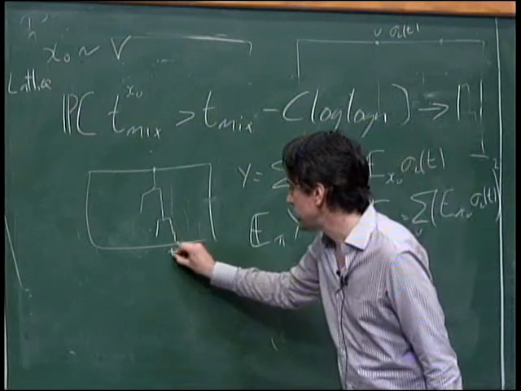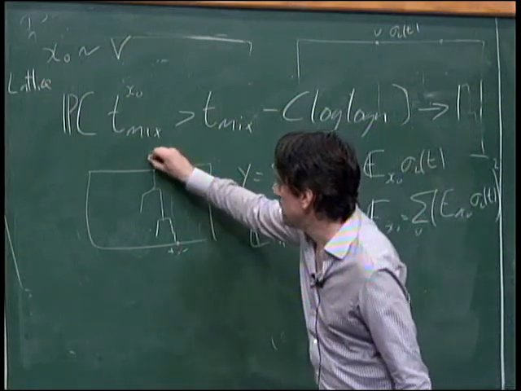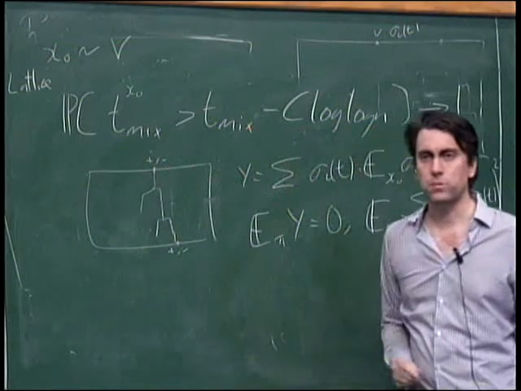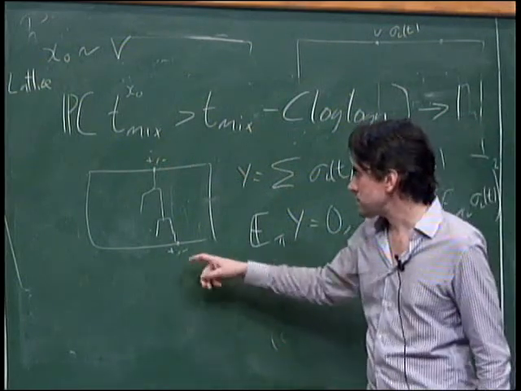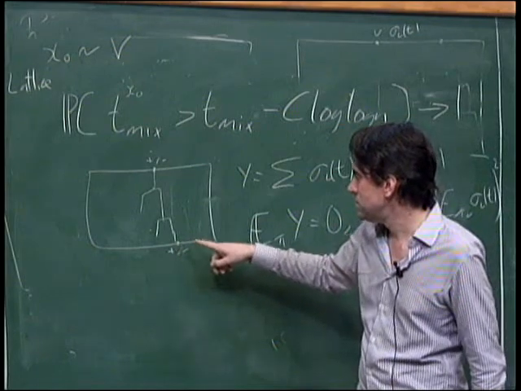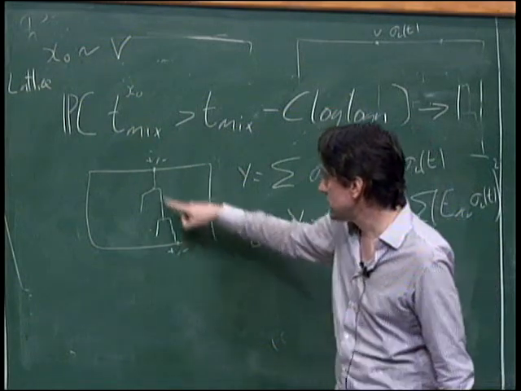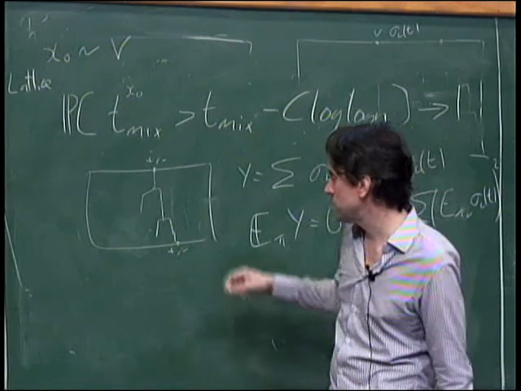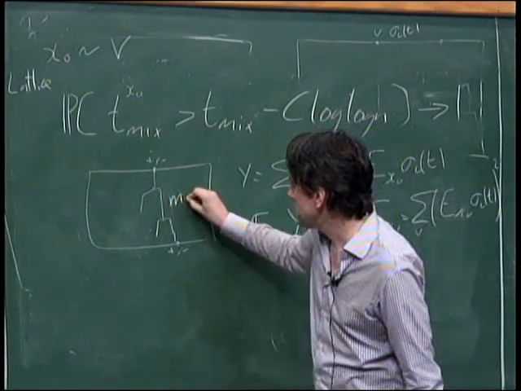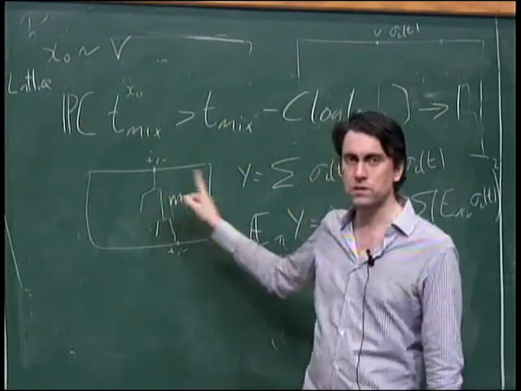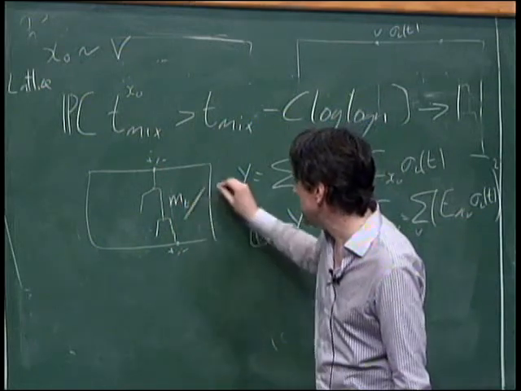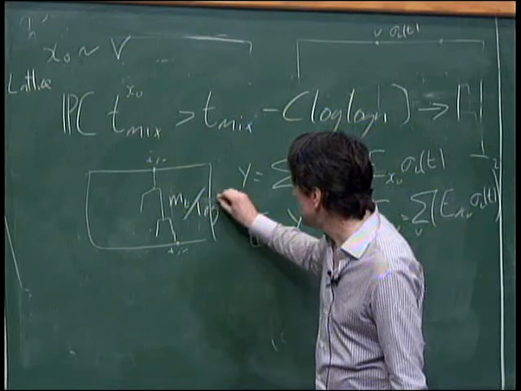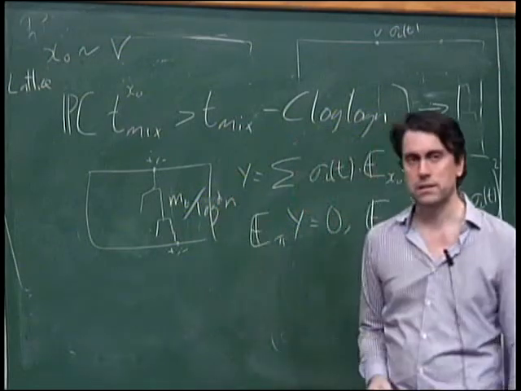And then if this point is plus or minus, then that will make this one plus or minus. Now, the probability of it coming down and hitting a particular vertex is roughly like, well, these only travel a logarithmic distance, so it should be roughly like mt over something logarithmic in n.